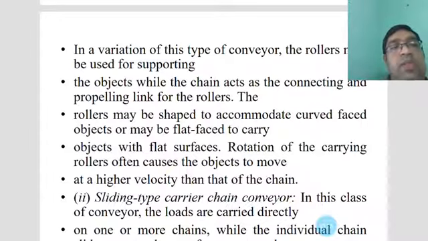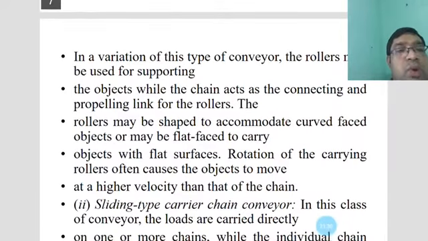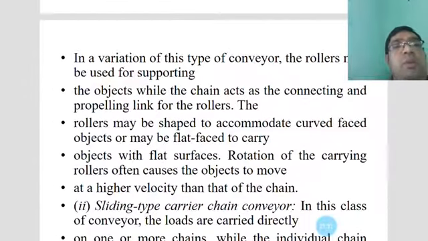The rollers may be shaped to accommodate curved face objects or may be flat face to carry. Basically the roller may be shaped to accommodate, and sometimes you can see curved face objects or flat face objects carried on the rollers.